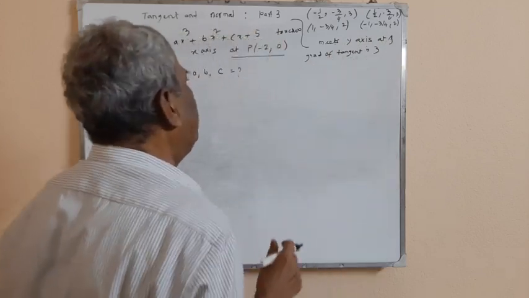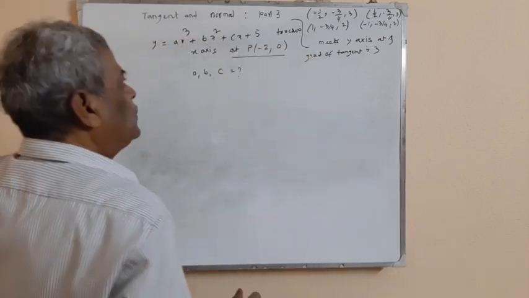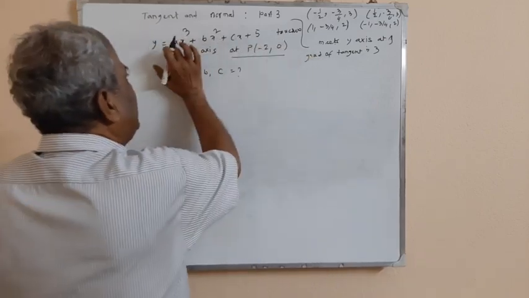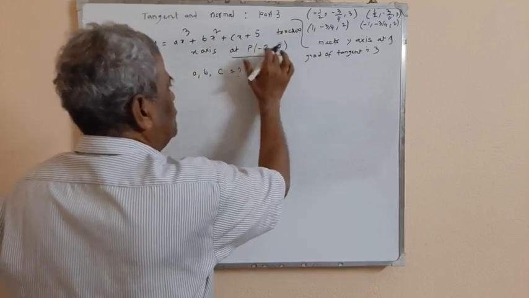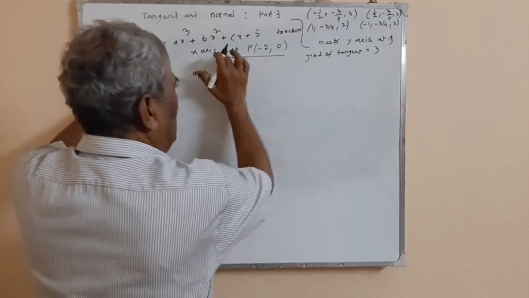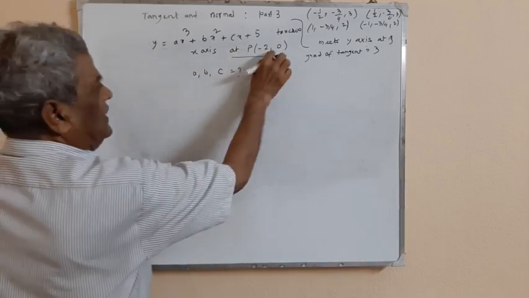Then we have to find out the values of a, b and c. As the curve touches the x-axis at the point, this curve passes through that point, so we must have it satisfied.